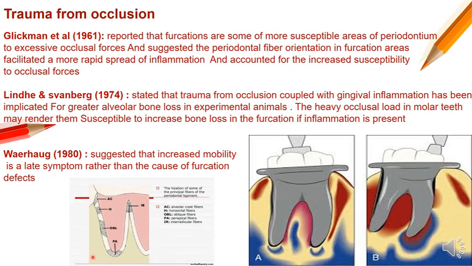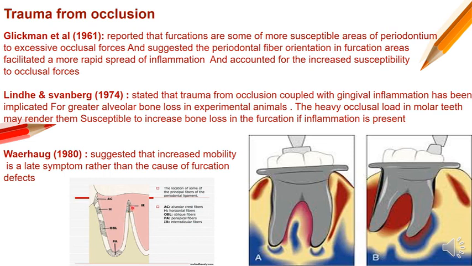Trauma from occlusion. We have different concepts explaining the association between trauma from occlusion and furcation involvement. According to Glickman et al. in 1961, furcations are some of the more susceptible areas of the periodontium to excessive occlusal forces and load, and he suggested that the periodontal fibers' orientation in the furcation area facilitates a more rapid spread of inflammation and accounts for the increased susceptibility to occlusal load.